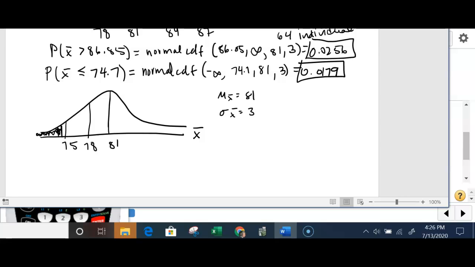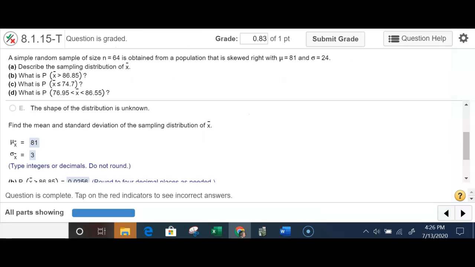Okay, and this last problem is the one that you were really concerned about. The probability that our sample mean is between 76.95 and 86.55.